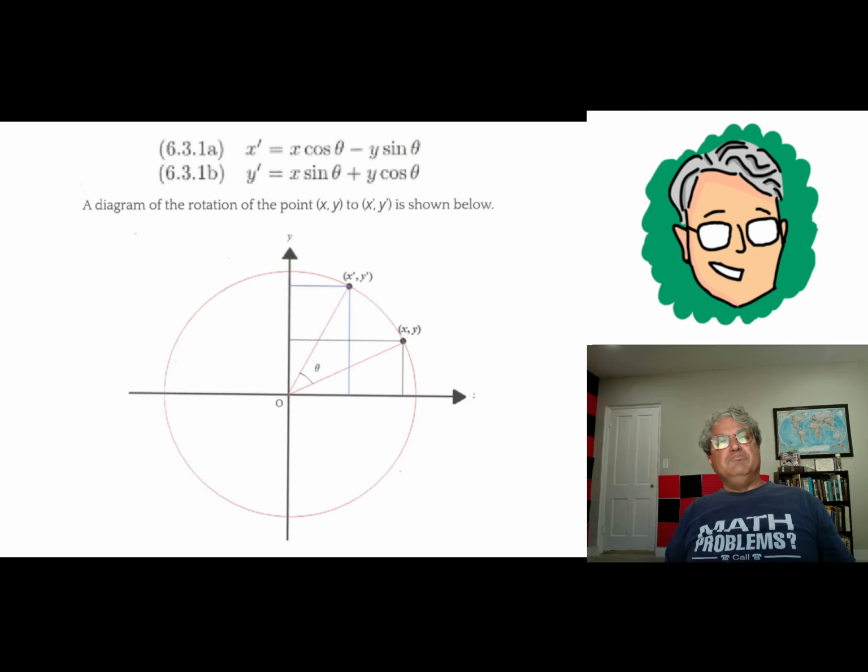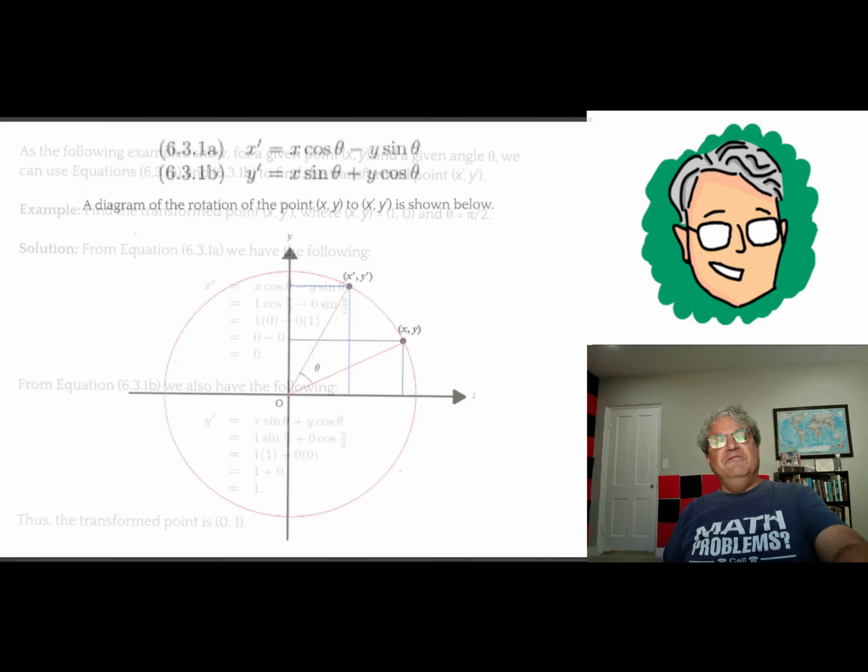So that shows that x prime is equal to 0, like we said. Similarly, y prime is x sine pi over 2. x was 1, so we have 1 times the sine of pi over 2, but the sine of pi over 2 is 1. So we get 1 times 1, and y was 0, so again 0 times anything is 0. We get the point 0 comma 1. So that's how you do that.